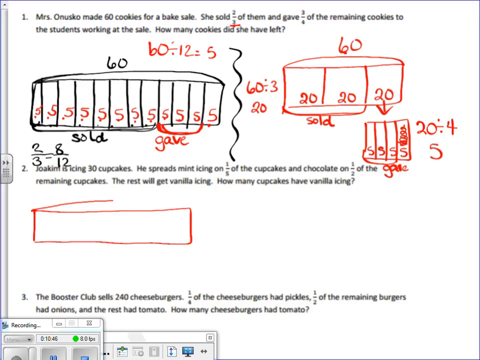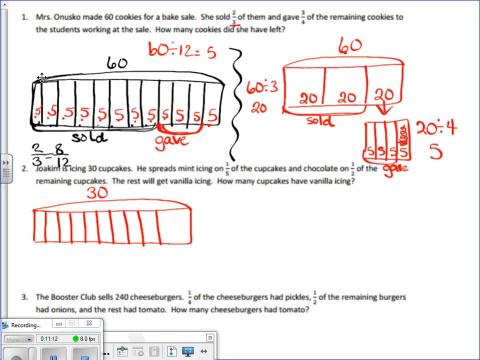You have 30 as your whole. 1, 2, 3, 4, 5, 6, 7, 8, 9, and 10.